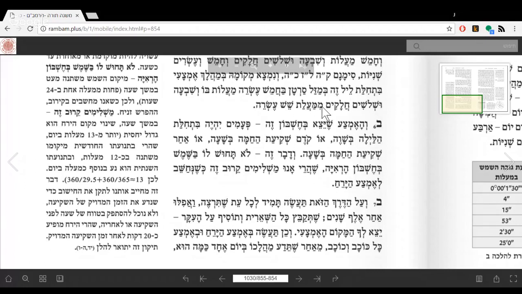I think, according to Rabbeinu Avraham and Rambam, this is not the case. According to Rabbi Yoshua Nagi, this is not the case. According to some other Rishonim that considered themselves students of Rambam, that's not the case also.